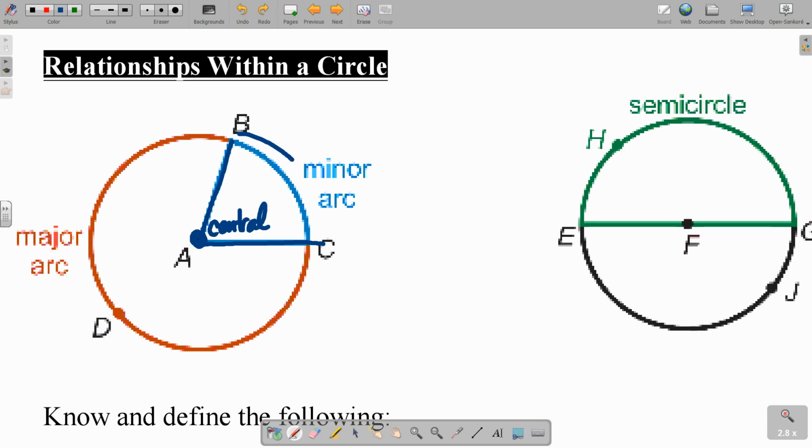A piece of a circle is called an arc. If it's less than 180, it's minor. A piece of a circle bigger than 180 degrees is called a major arc. And an exact half circle is called a semicircle.